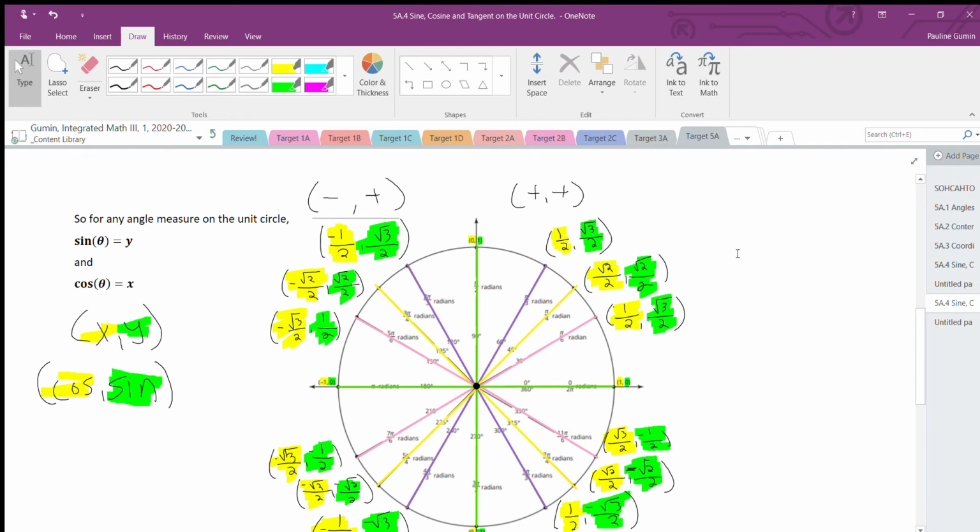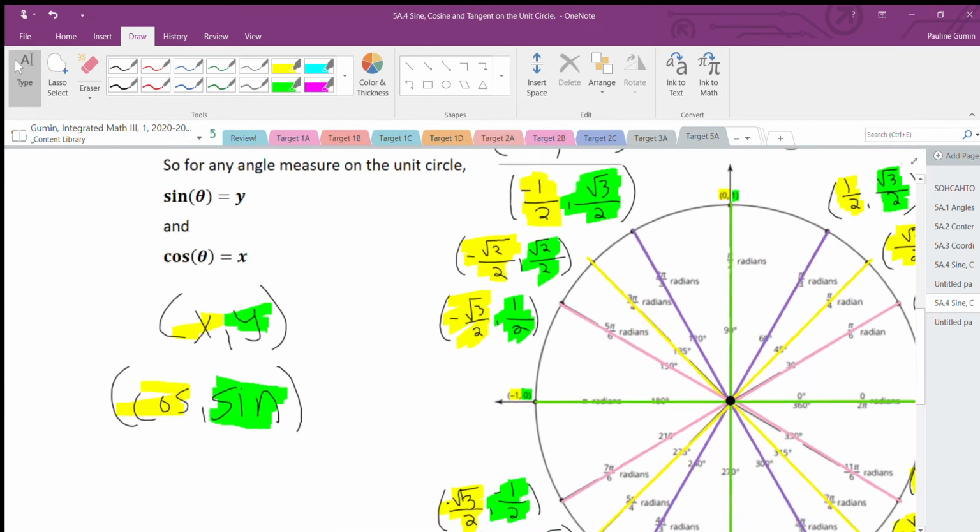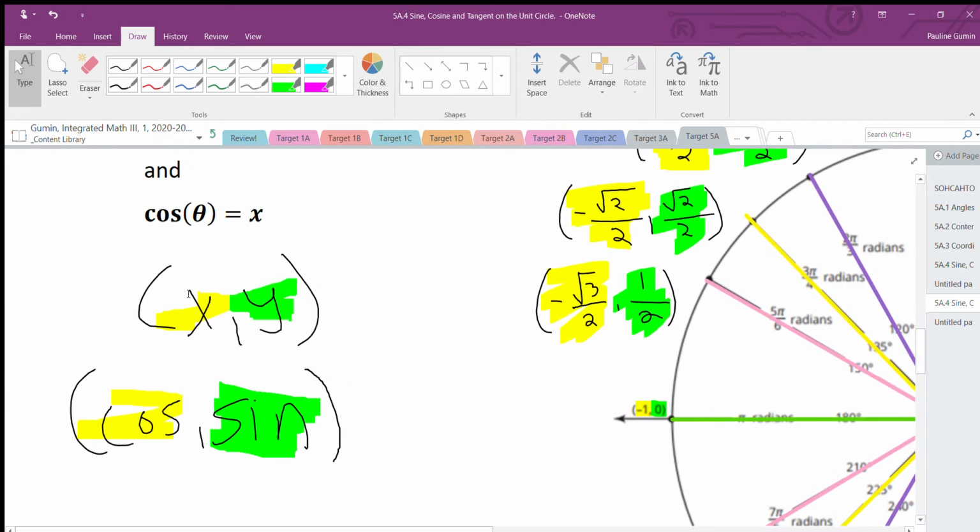In every single one of these, the coordinates represent the sine and cosine of that angle. The best way that I've found to remember this is that when we're writing our coordinates, we go x comma y, and that's alphabetical order. Same thing goes for sine and cosine. C comes before S, so alphabetical order.